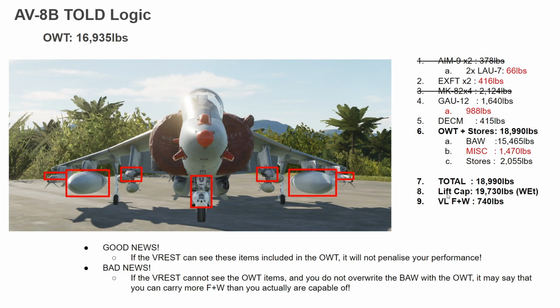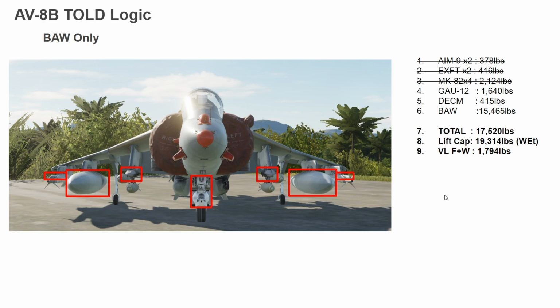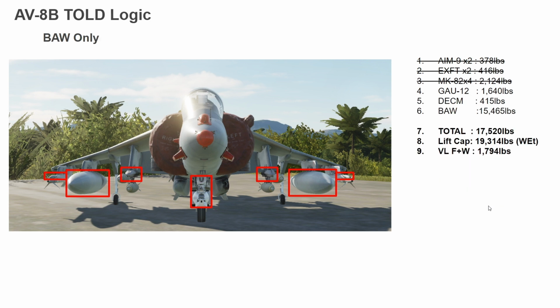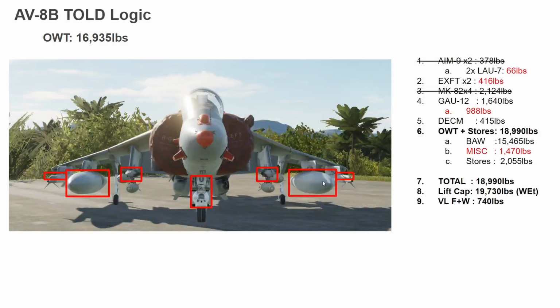So what does this mean? It means if the flight model is set up to do so, you could get away with not putting the OWT in and it would show you the 740 pounds. It also means that if the flight model is set up in that manner and you do put the OWT in, it will show you 740 pounds regardless, so there's no penalty for putting in the OWT.